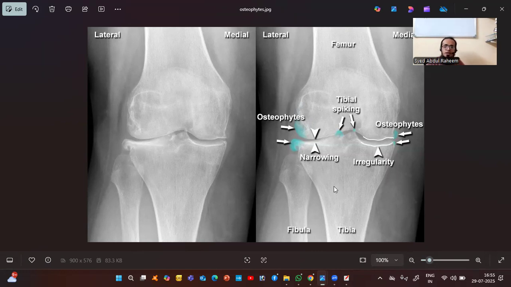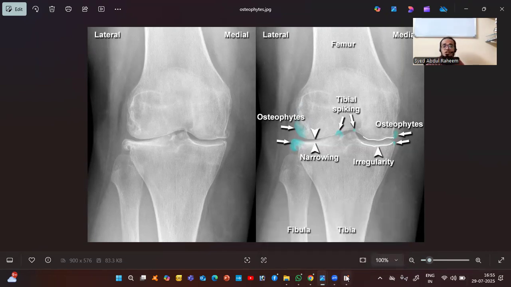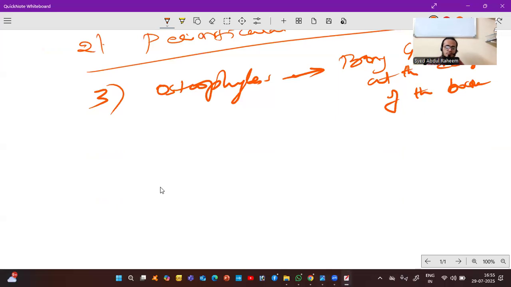Second is periarticular sclerosis. Third is subchondral cyst. In some areas, you can observe cyst, a water-bubble-like thing. That is subchondral cyst. The last one is that mostly large joints are involved.